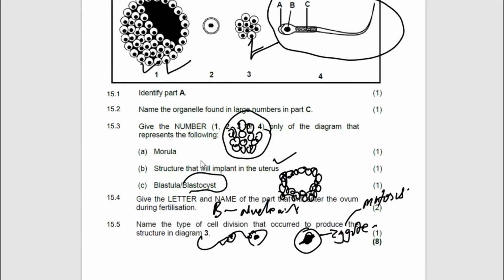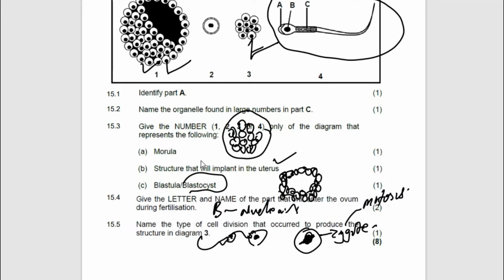The morula will continue undergoing mitosis and starts to form a hole in the center, and then forms a hollow ball of cells, which we call the blastula. The blastula will form the outer layer, which we call the chorion, and the outer layer is going to form finger-like projections, which we call the chorionic villi, for implantation to take place.